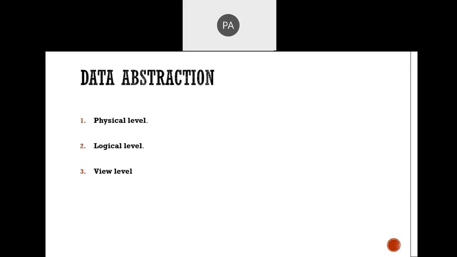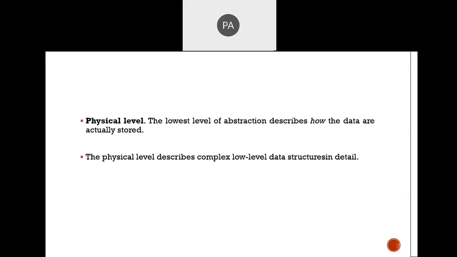Now we'll learn brief information regarding the physical level. We learned about it, but again we will revise it. The physical level is the lowest level of data abstraction, describing how the data are actually stored. At the physical level we specify what kind of data are stored. While creating the DB, we need to specify each column with its data type.